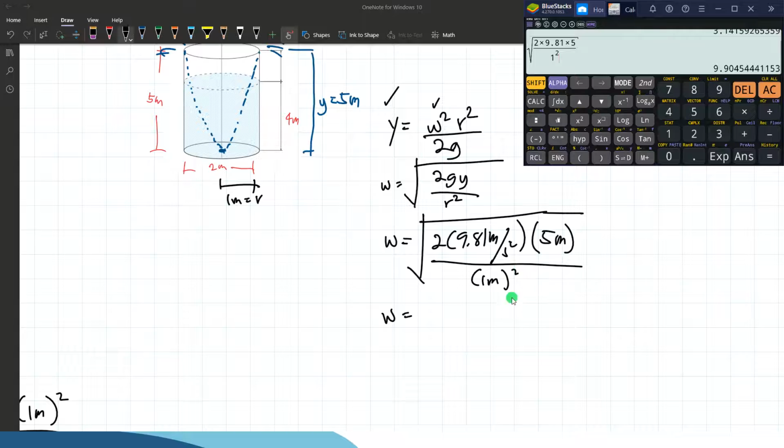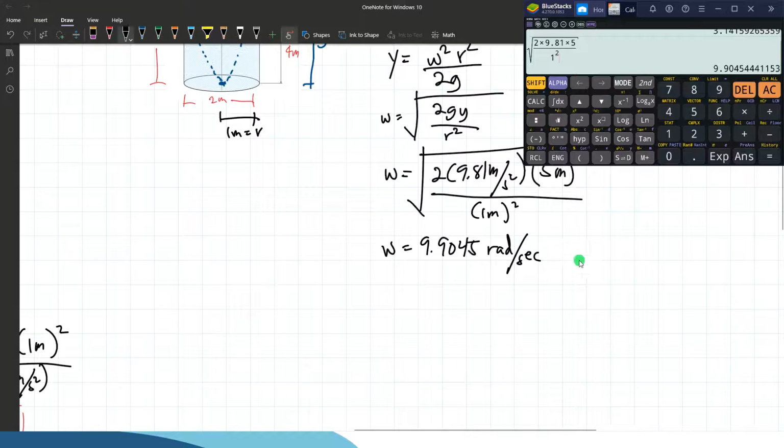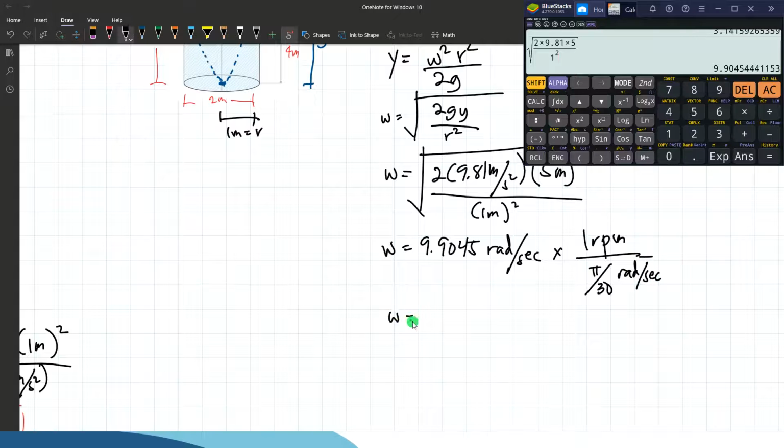So the answer is 9.9045 rad per second. Again, let's convert this to revolutions per minute because it is required there. 1 RPM is equal to pi over 30 rad per second.